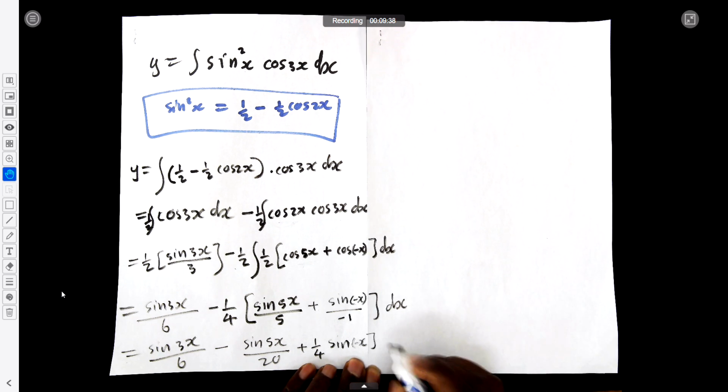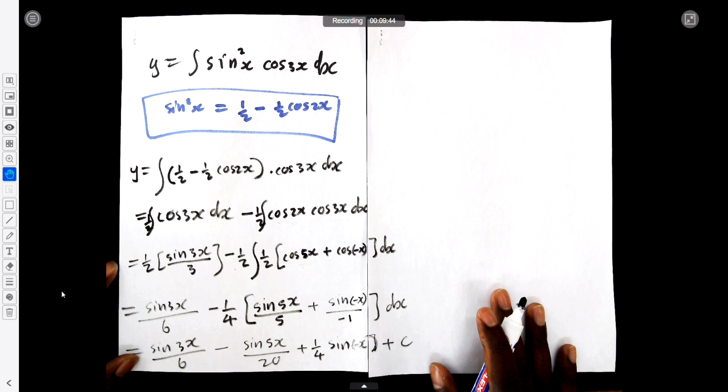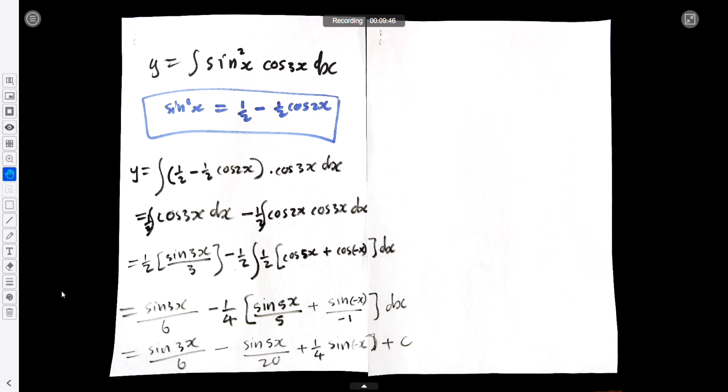Close it, then plus the constant. That's the answer we're supposed to have. I hope that is clear and well understood.